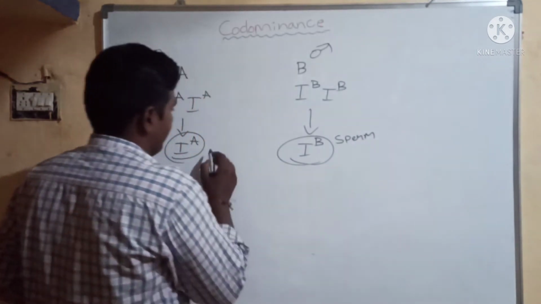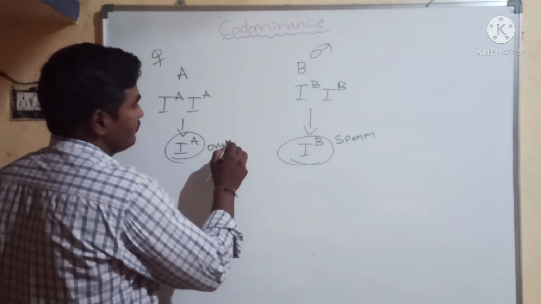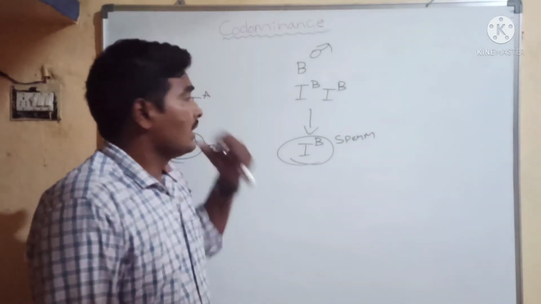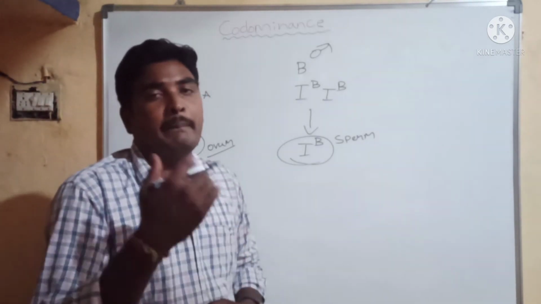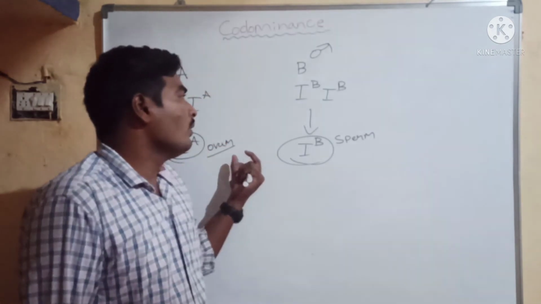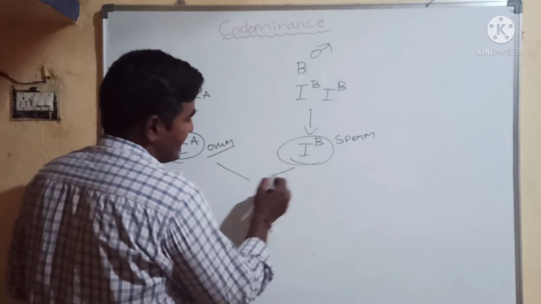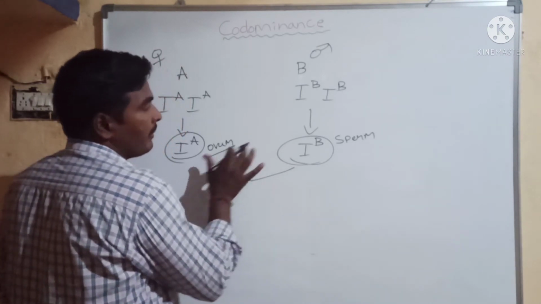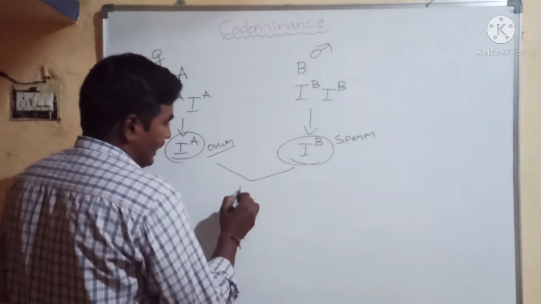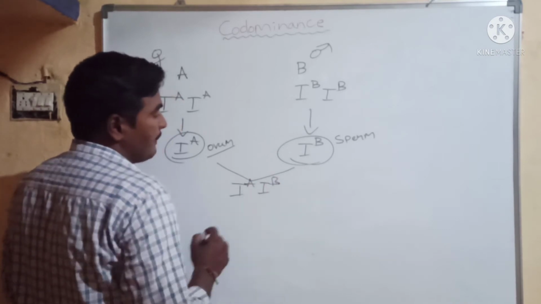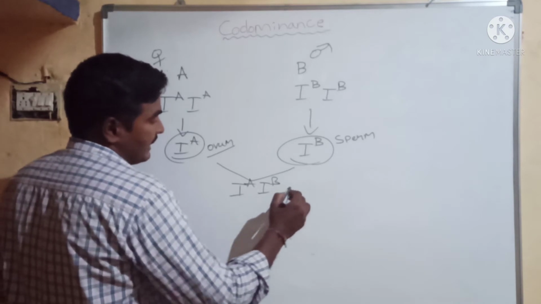During fertilization, the female ovum fuses with the sperm, and we get the IA IB blood type.